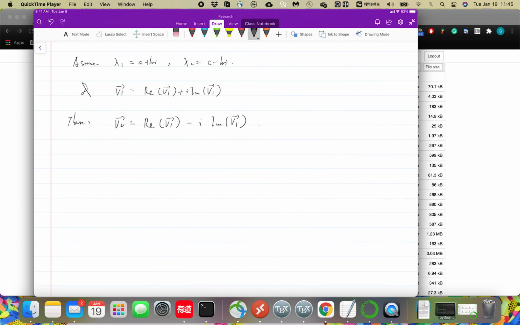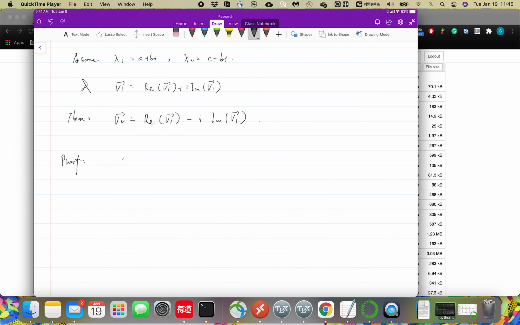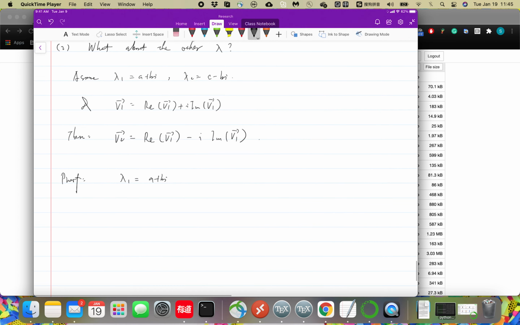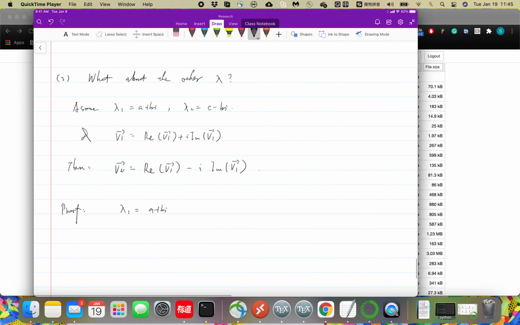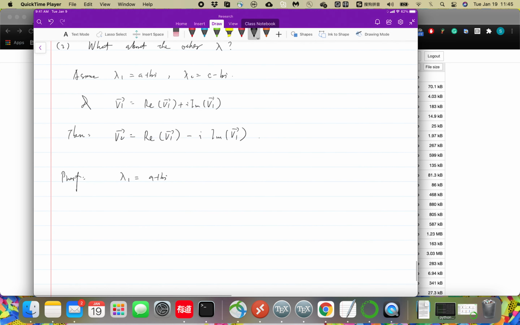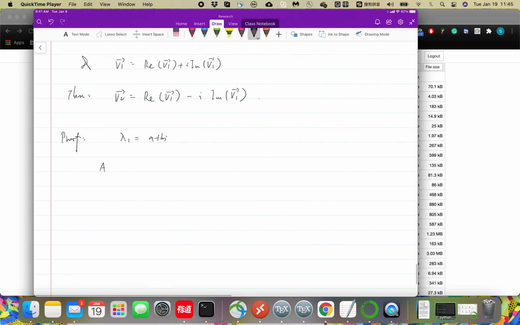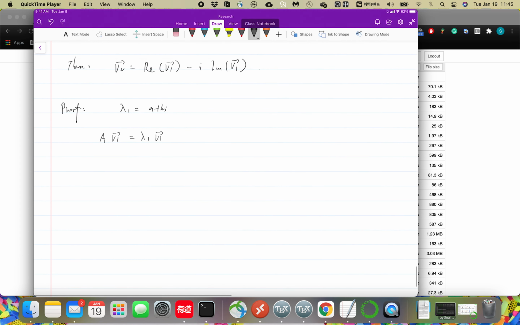Okay. Proof. Well, if you already know lambda 1 equals a plus bi, then you already know A v1 equals lambda 1 v1 because it's an eigenvector and eigenvalue.